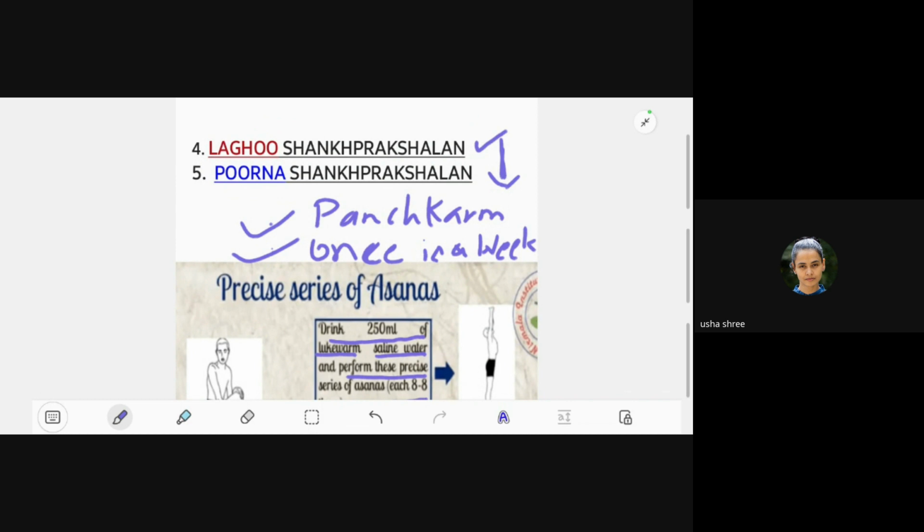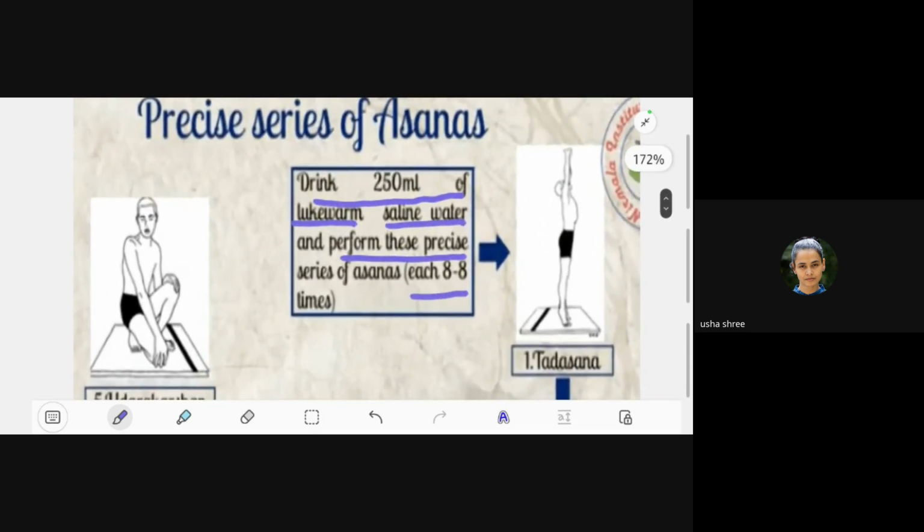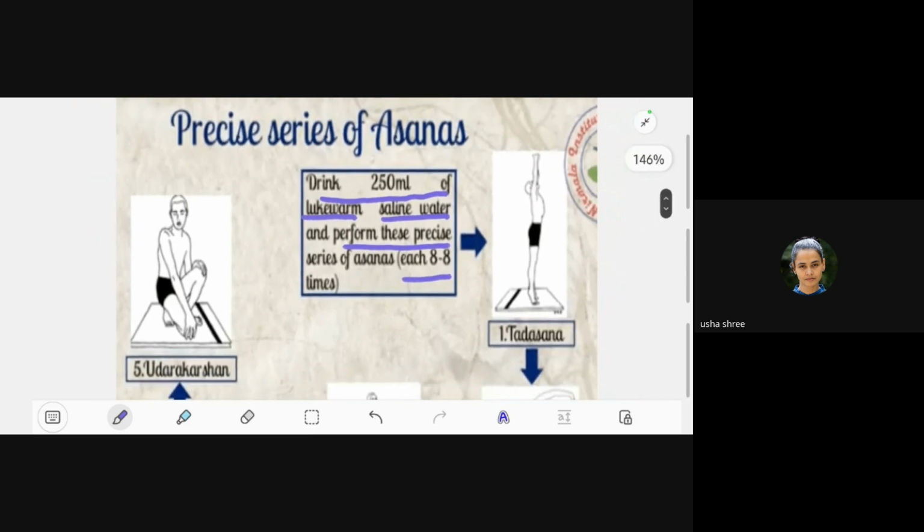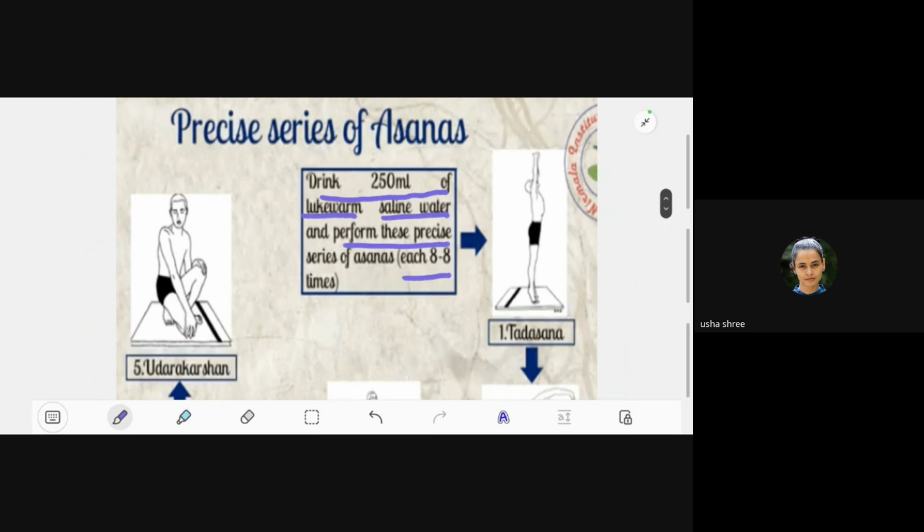In Purn Shankh Prakshalan, we drink 250 ml of lukewarm saline water, perform these practices, and drink around 16 to 20 glasses in all, performing these asanas after every two glasses.